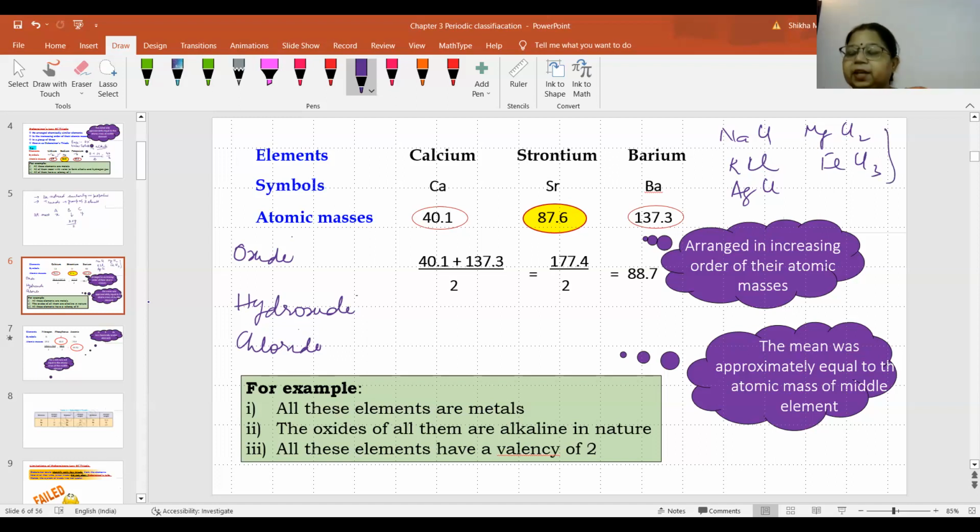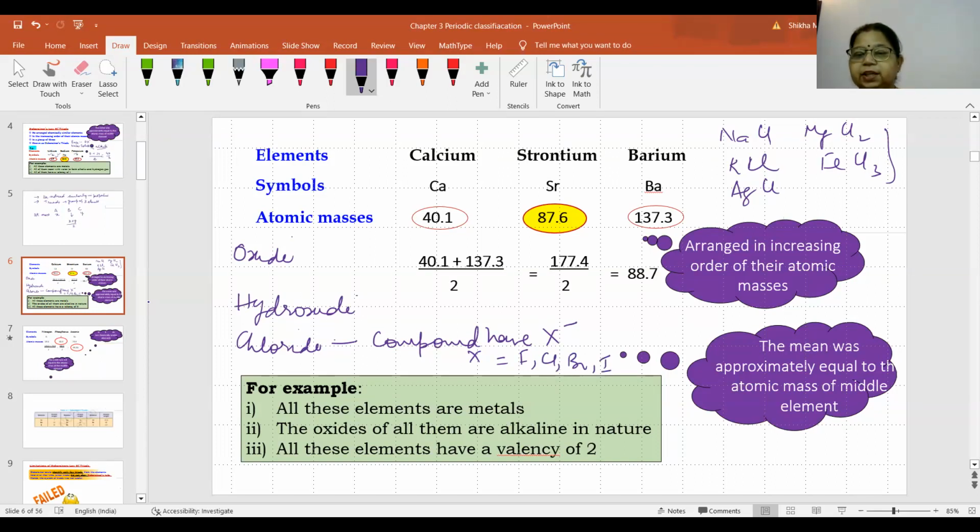They have the same anions. So what will a chloride be? A chloride will be a compound having X minus. I believe you know what X is. X can be anything like fluorine, chlorine, bromine, and iodine.